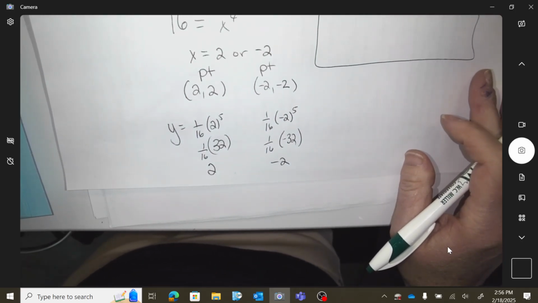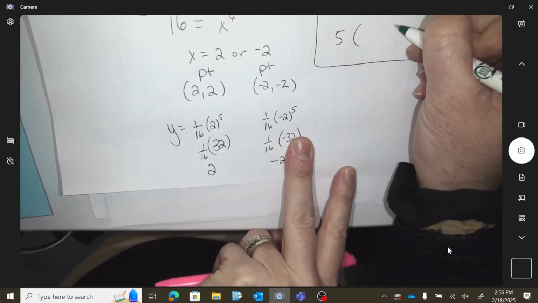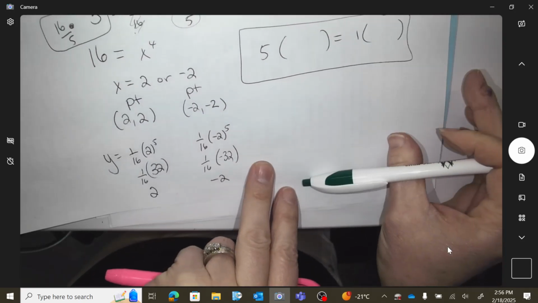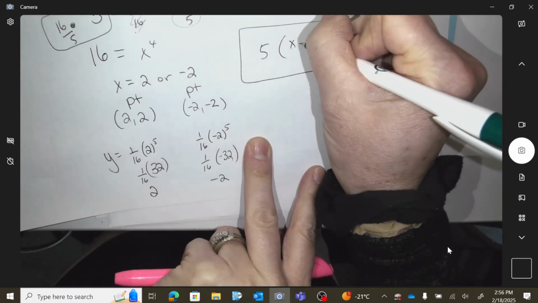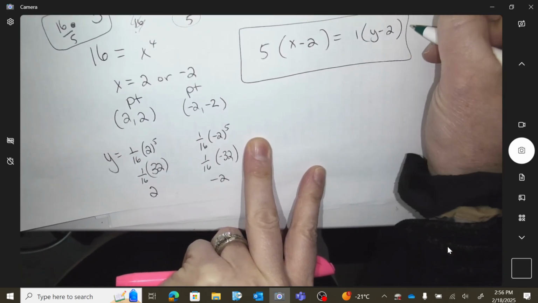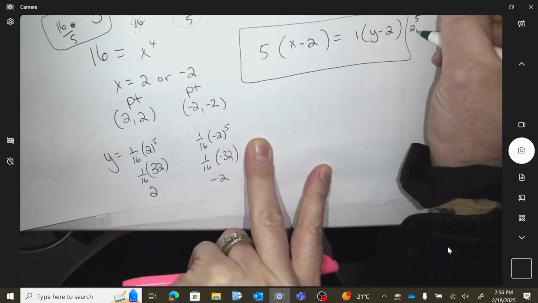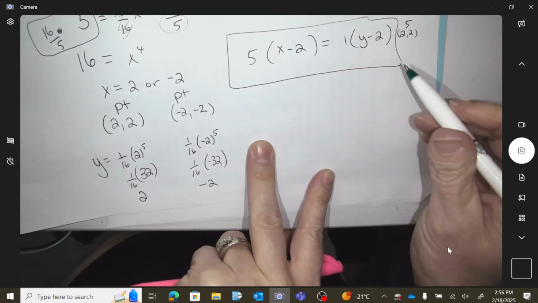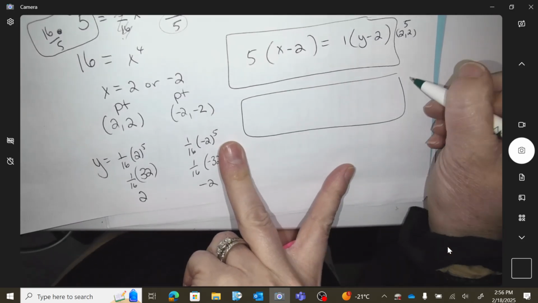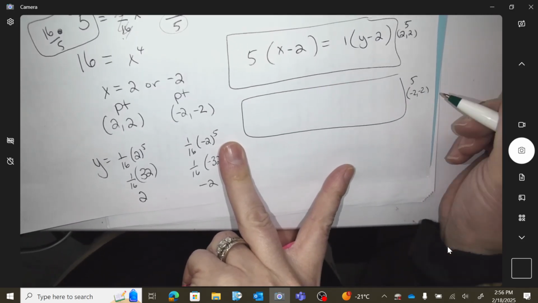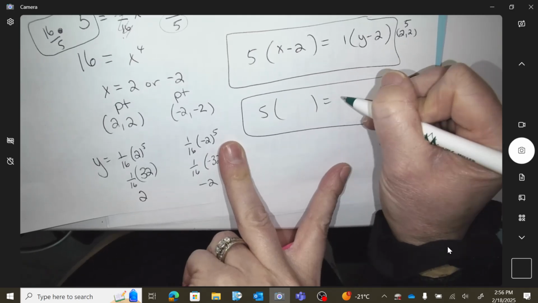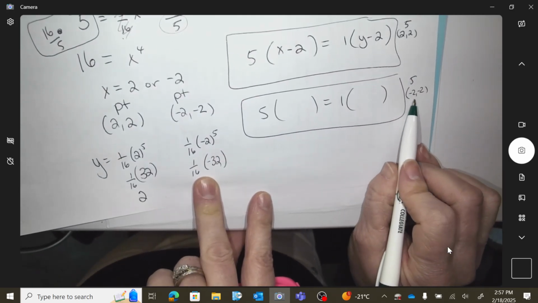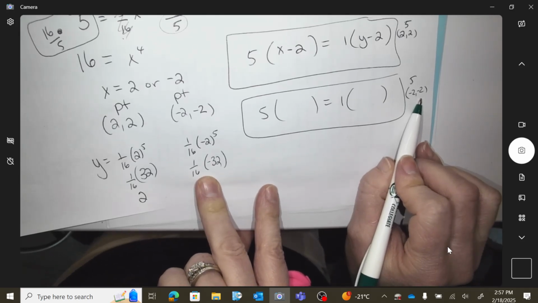Okay, so remember our slope was 5, right? Our slope was 5 and the coordinate was 2, 2. Or the other option was a slope of 5 again, but this time you could do an option of negative 2, negative 2.